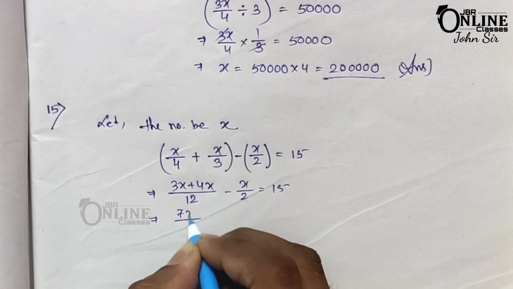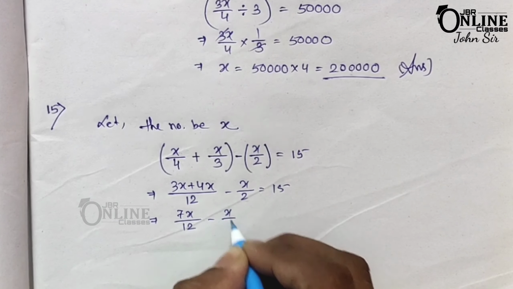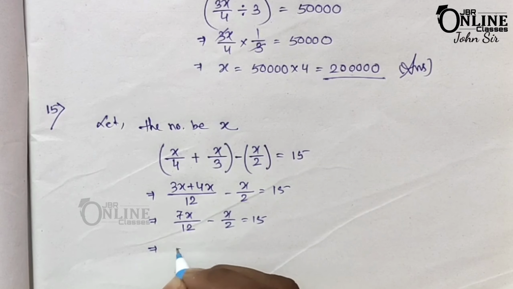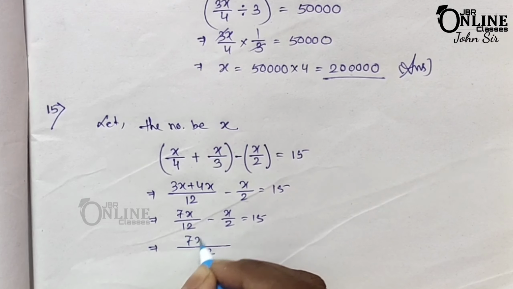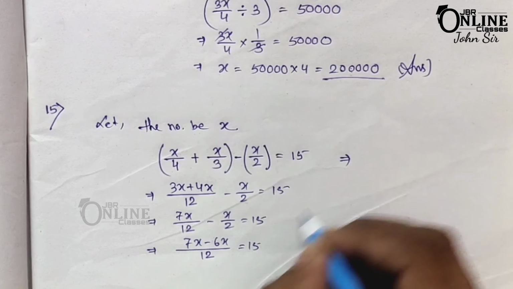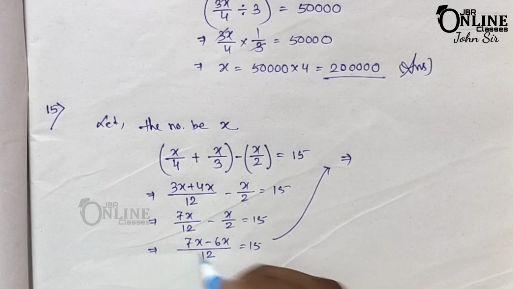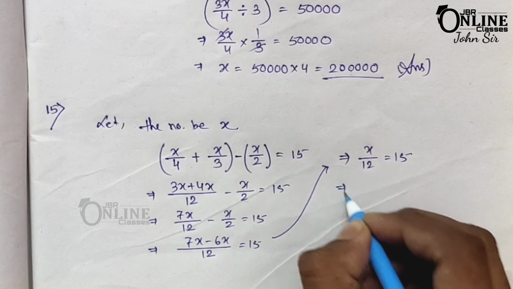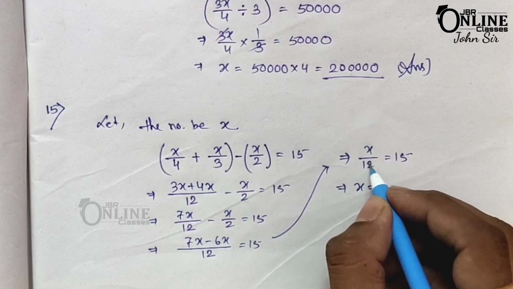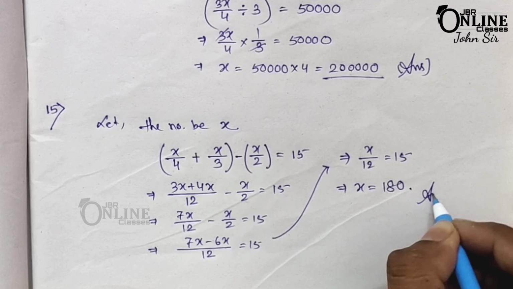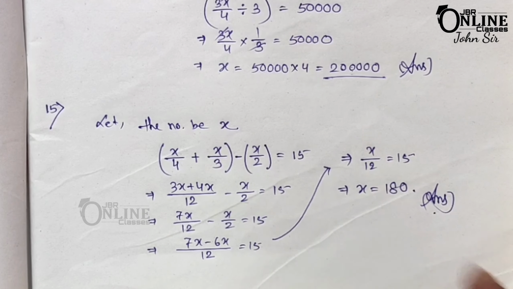So 7x by 12 minus x by 2 equals 15. Now the LCM is also 12, so 7x minus 6x by 12 equals 15. So x by 12 equals 15, and then x equals 15 into 12, and that equals 180. So 180 is the required number.